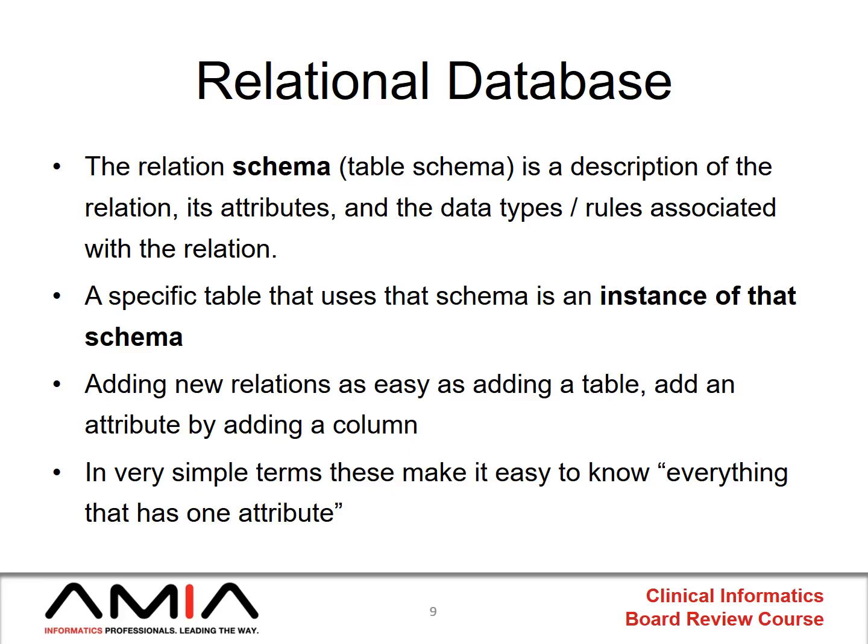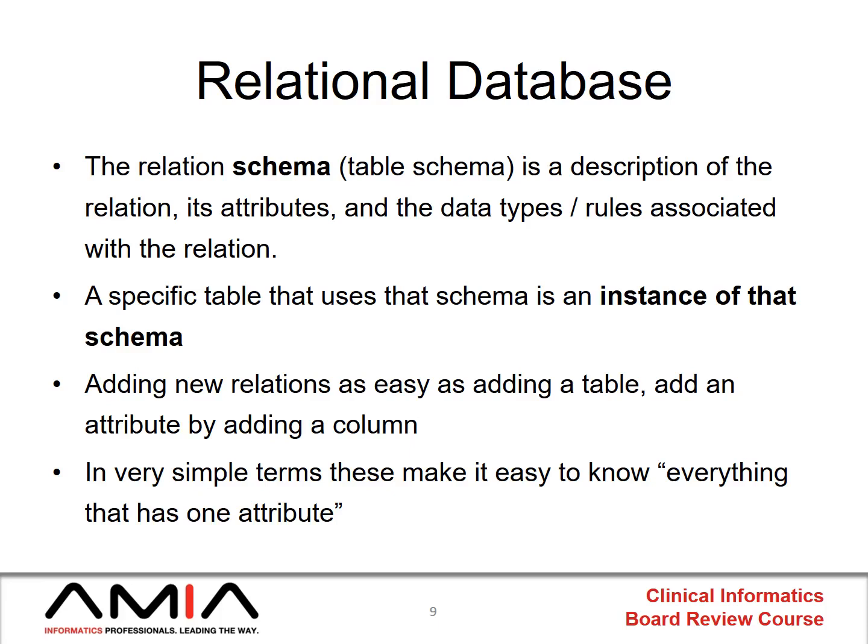One of the nice things about a relational database is if I want to introduce a new attribute into the model, all I have to do is add a new column to the table. And because all of the attributes for a specific table are easy to find in one table, in a very simplistic way, the relational database allows you to know everything that possesses one attribute.